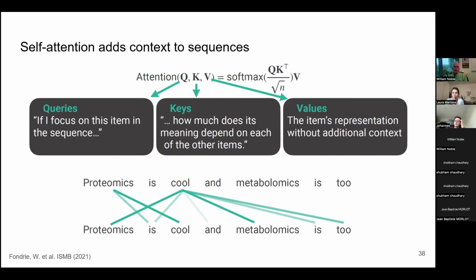So you have a query that says, if I focus on this particular item in this sequence, how much does its meaning depend on each of the other items? And there's also an item's representation without additional context. If you have, for instance, this sentence, you might have attention connections between the tokens in the sentence that represent these learned relationships between pairs of elements in the input sequence.